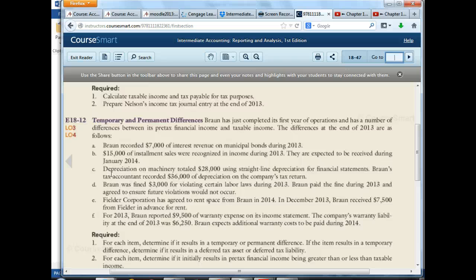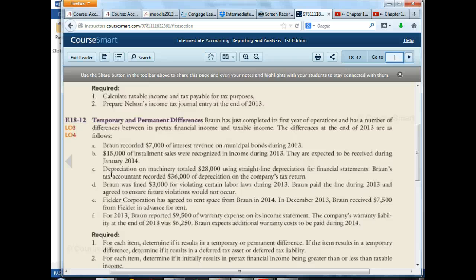Amy? Does Amy want to take D? Thanks, Amy. Ron was fined $3,000 for violating some state laws during 2013. Ron was fined during 2013 and future violations have not occurred. So Ron got fined. I mean, he was doing something wrong. He had labor laws he screwed up on.